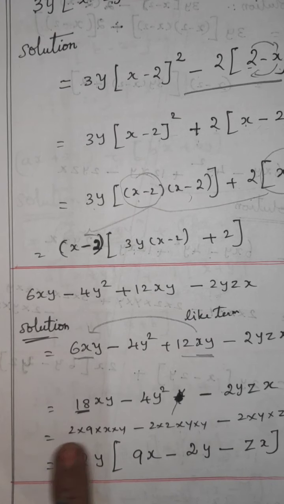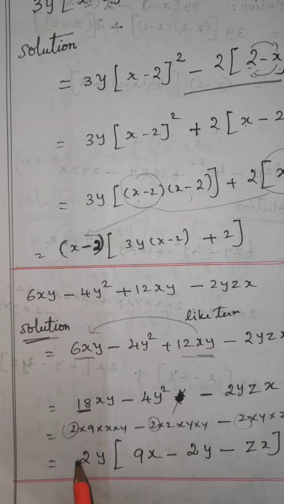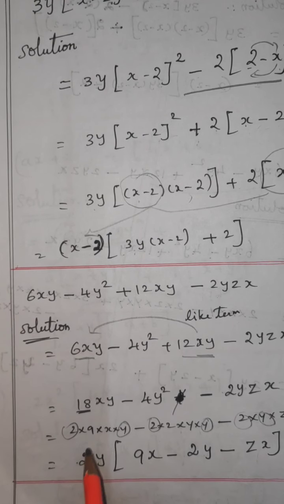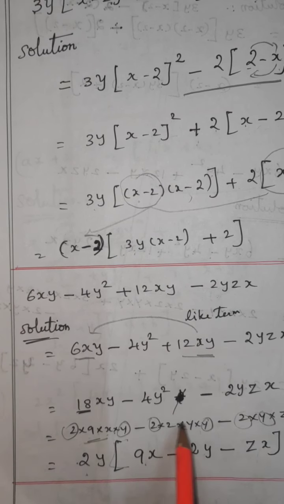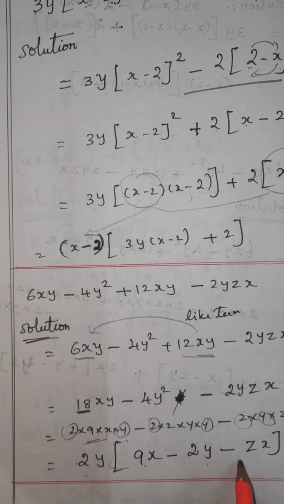So your common number is 2, 2, 2, and common y, y, y. So 2y, right, after which write what is left in the bracket: first 9 into x, 9x; 2 into y, 2y; z into x, zx. In between, the symbol is minus, so you write the minus symbol.